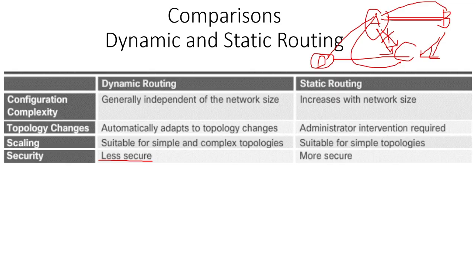What if this D is a malicious entity? What if this router D is just a bogus router meant to get the information from A to C? So how did the router A get the routes when using dynamic routing?